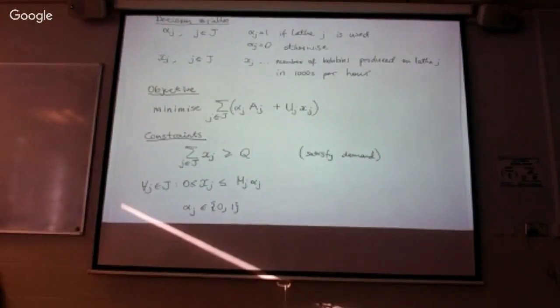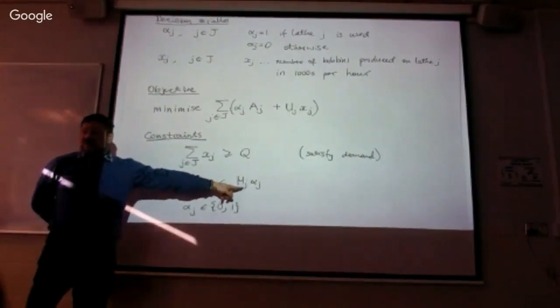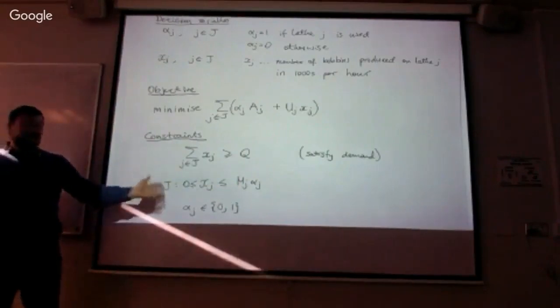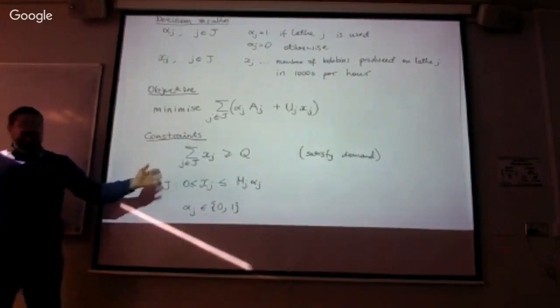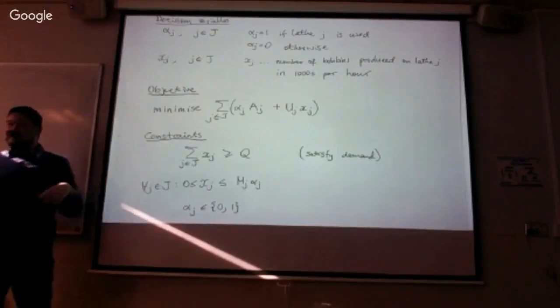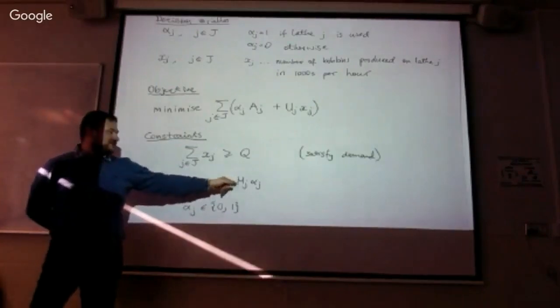If you know what the constant is, like in this case, you know that the maximum can't be more than this number. But in situations where you don't have an upper limit of the production, if your lathes were somehow super lathes and could do an unlimited amount, then you'd have to come up with a large number.